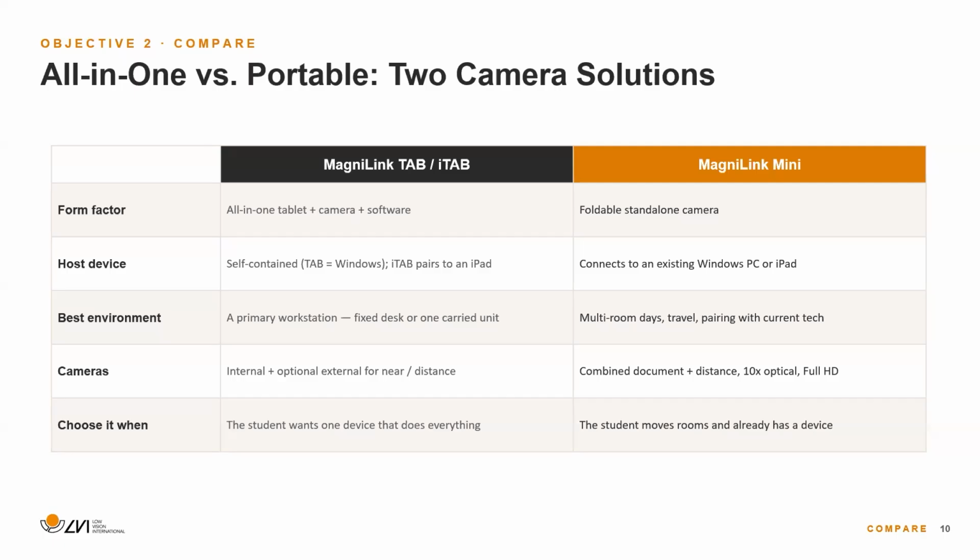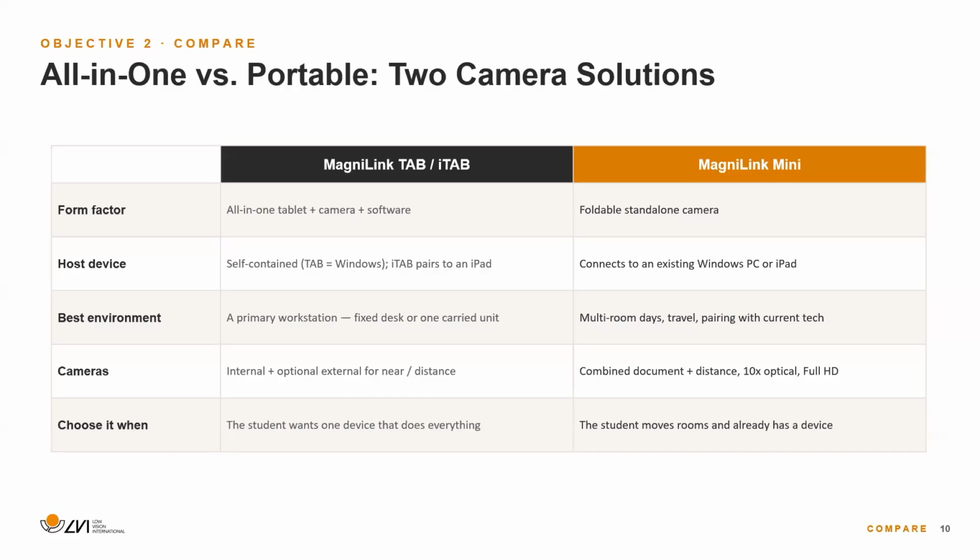Cameras: when you think about the MagnaLink Tab or iTab, the camera that comes with that device is the external camera that comes with that device. That camera is only used with the MagnaLink Tab or iTab. You don't take that to other devices. With the MagnaLink Mini, you could have, for instance, going to the classroom, a preference for using your iPad to take notes, and you can connect the Mini and be recording the lecture while you're using that iPad to take notes.